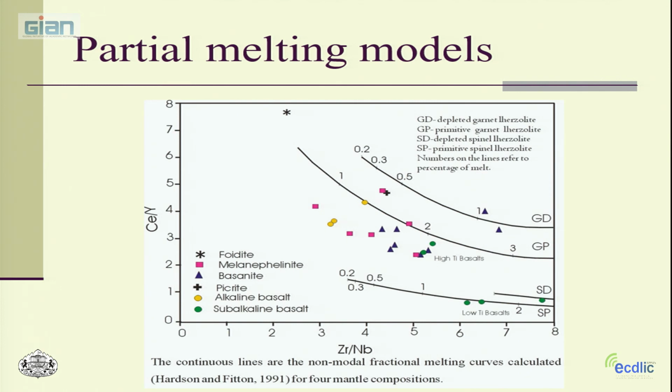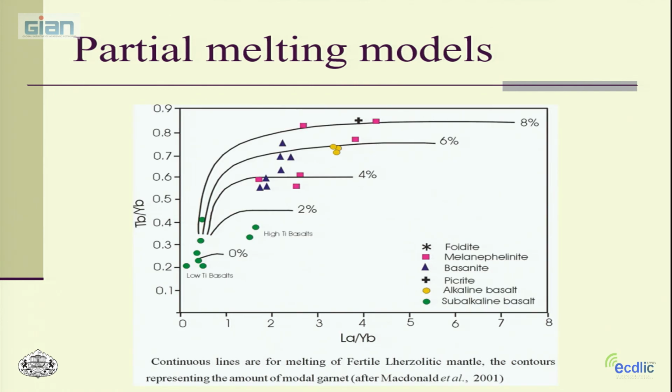So the amount of partial melting is very limited. You can see 2 to a maximum of around 8% of partial melting, whereas in case of the high Ti and low Ti basalt, it goes down further when you plot this data as La/Yb versus Tb/Yb. And then the subalkaline basalt show a relatively smaller amount of partial melting as compared to the basanite and foidite and other things.